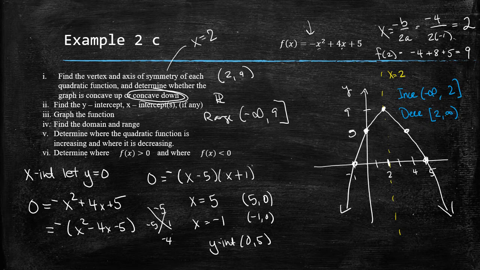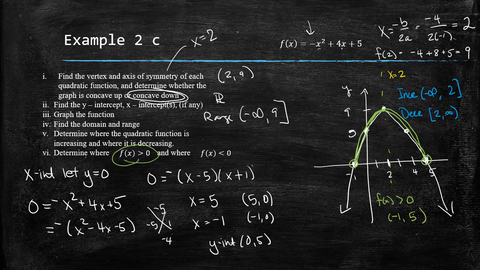The sixth part, determine where f of x is greater than 0 and where f of x is less than 0. Okay, so greater than 0, remember, above the x-axis, so this time in between our two x-intercepts is where the function is greater than 0. So f of x is greater than 0 on the interval -1 to 5.